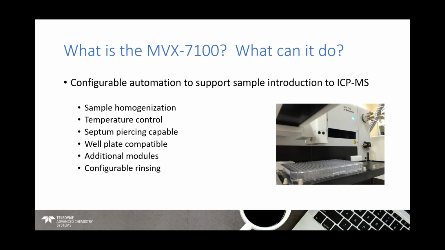There's septum piercing capability if you've got sealed vials. It's compatible with well plates, and it can be configured to add additional modules with additional flows, etc. And then the washout, the rinsing between samples, can also be configured depending on the kind of work that you're running. So that in a nutshell is the system, what it can do for ICP-MS and some of the function behind it. But I'll be going into this more specifically as we go through.